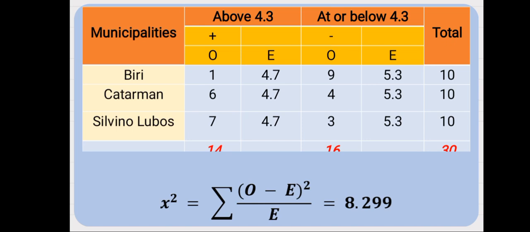Same ra na sila og expected value kung median test. Same ra na sila expected value sa ari sa positive. Then ari na punta sa negative or below 4.3 ang atong kuha ng expected value. So 10 times 16 divided by 30. So 5.3. So 5.3 ra silang tulo.